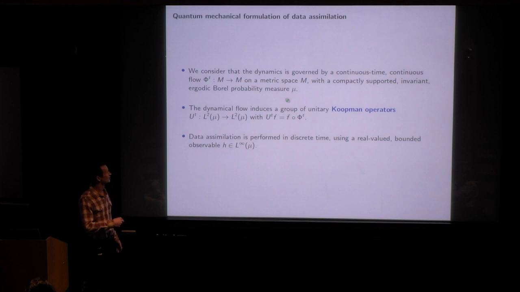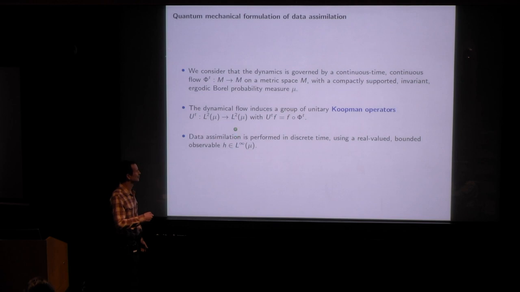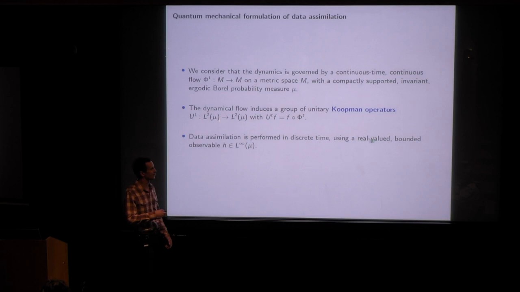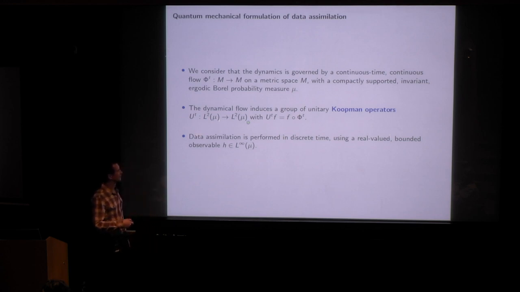It has an invariant probability measure mu, and there is a natural Hilbert space which is preserved by the dynamics, namely the L2 space of real or complex valued functions on the state space. So these are classical observables which are square integrable. And on that space, there is a unitary operator acting called the Koopman operator of the dynamical system. It acts on classical observables by composing them with the dynamical flow in this manner. So that's a unitary linear operator.